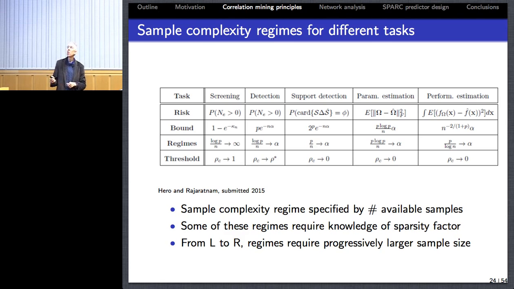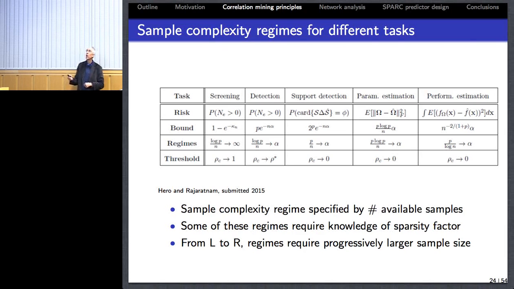You can discover edges for correlations that are very close to 1. Here you can discover edges for correlations that are close to rho star, which is this critical phase transition threshold. Here, this critical phase transition threshold goes to 1.